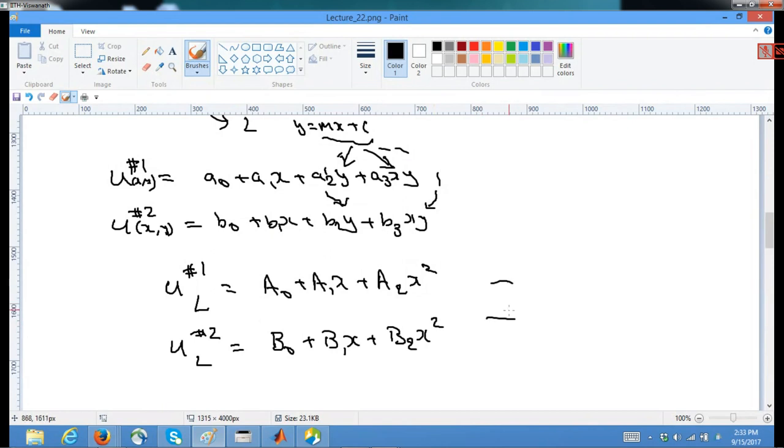Hence these two are quadratic, but we know values at only two nodes. Hence these two curves are non-unique, and hence compatibility at the boundary is not guaranteed. In order to get over it, we need to go to the isoparametric formulation.